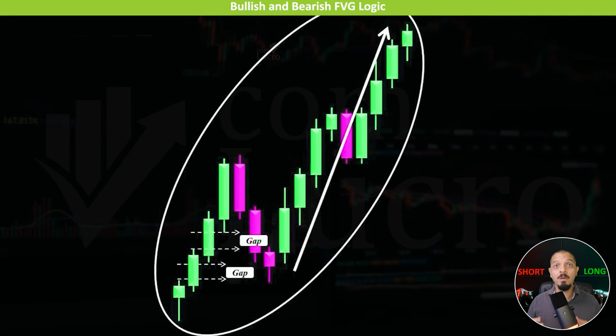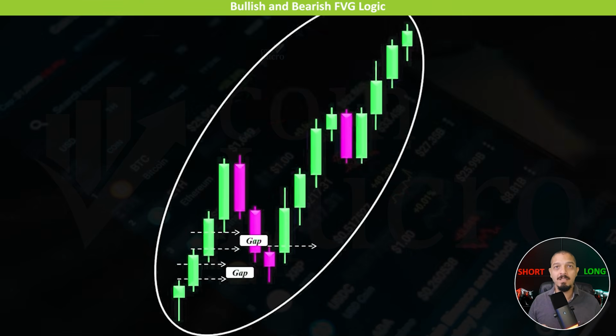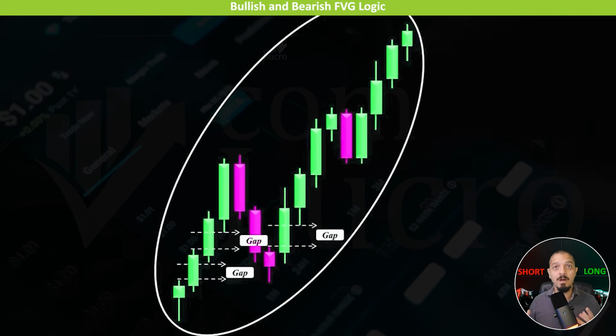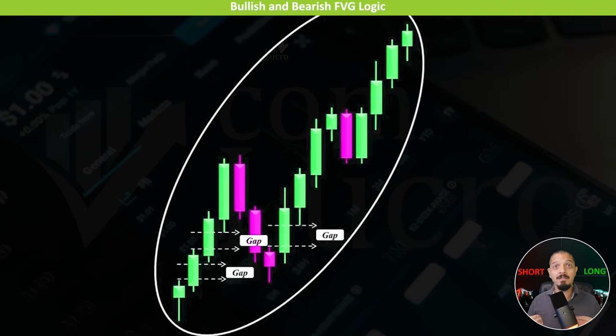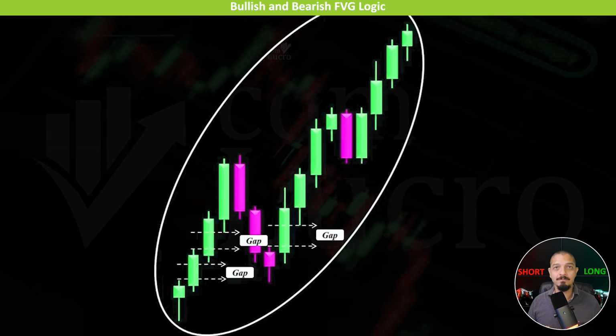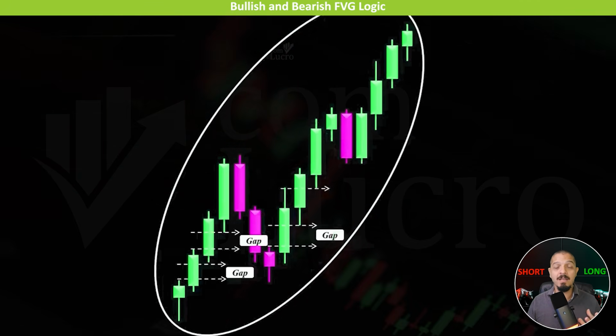Continuing the move, we see strong upward momentum. So where is our next fair value gap? By drawing lines from the upper wick of this bearish candle and the lower wick of the following green candle, we identify another fair value gap created between those candles. Next, slightly higher on the chart, we see another 3-candle sequence.